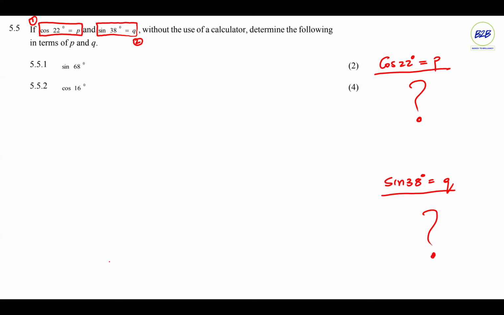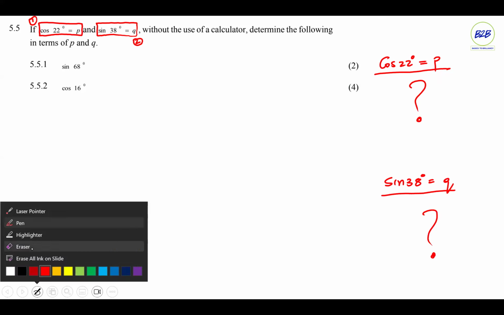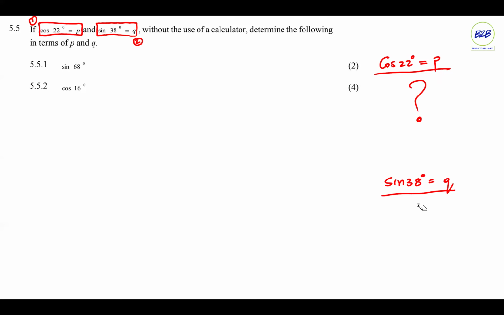So I do believe that at this stage, answering a question of how to sketch, it's something that we shouldn't stress that much.